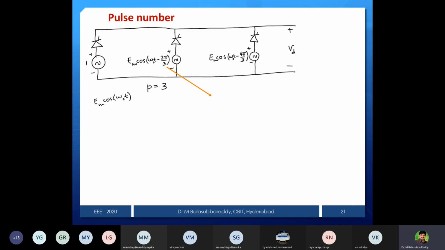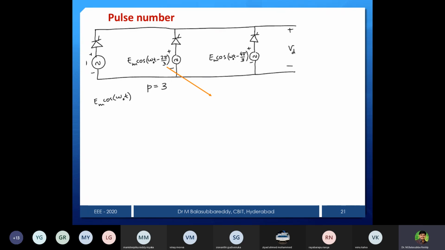Now we can observe that the first one is going to fire at the 0 instant, and the second one at minus 2 pi by 3. What is that 2 pi by 3? Here you can see it is 360 by 3, which gives 2 pi by 3, and so on.